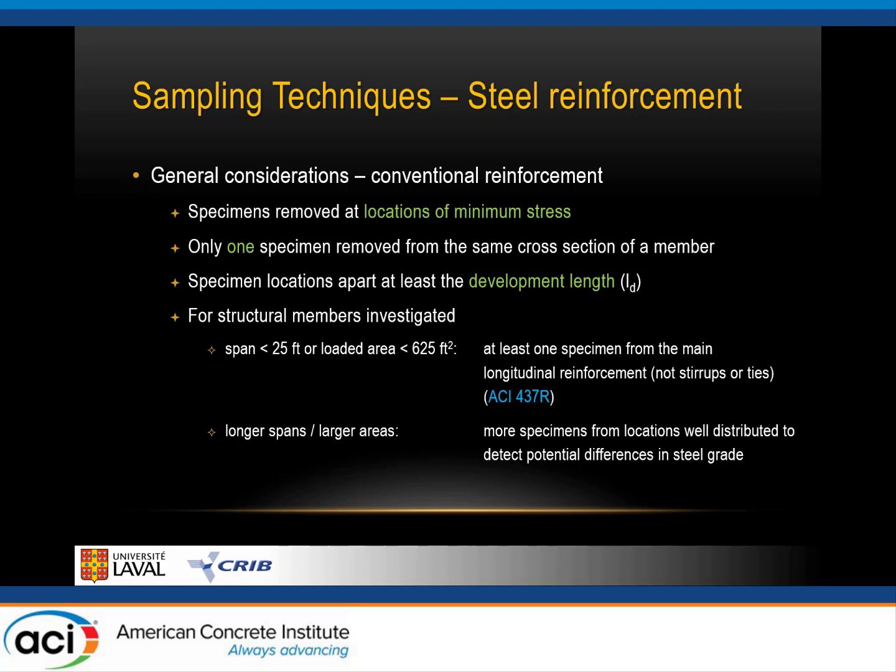In Ashok's presentation, we saw that it should at least be spaced over the length of development, and there are also some limitations depending on the size of the member or structure being sampled.